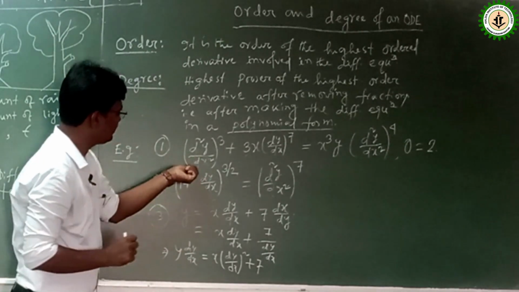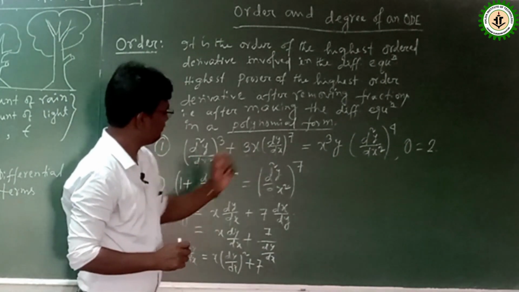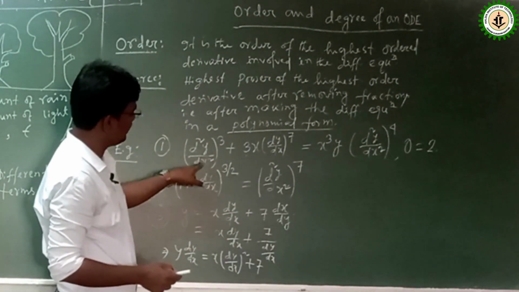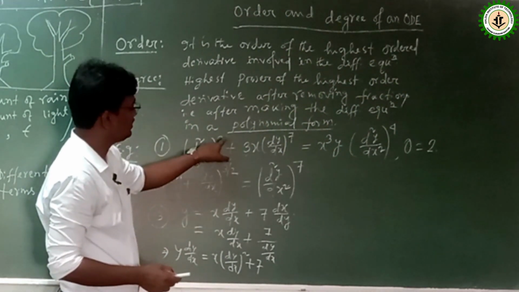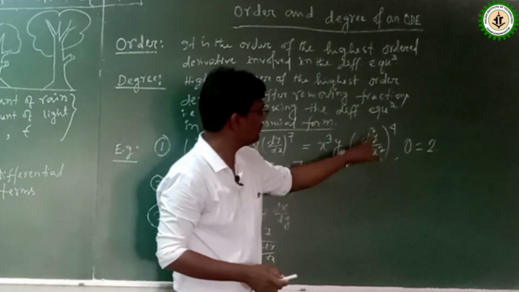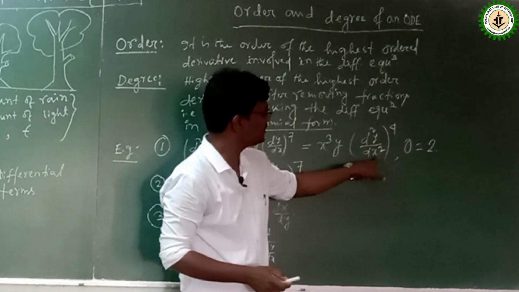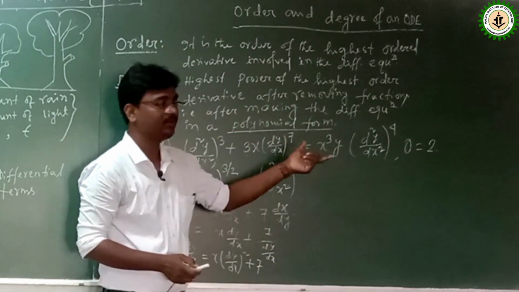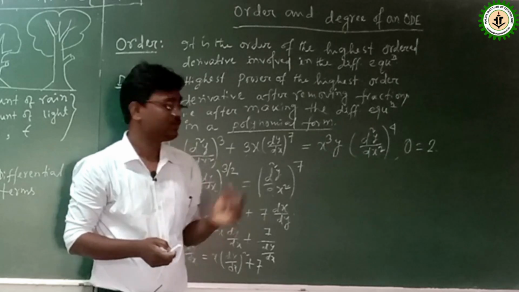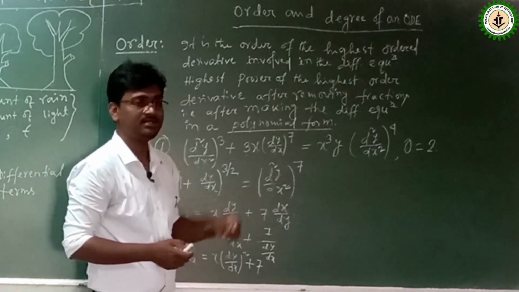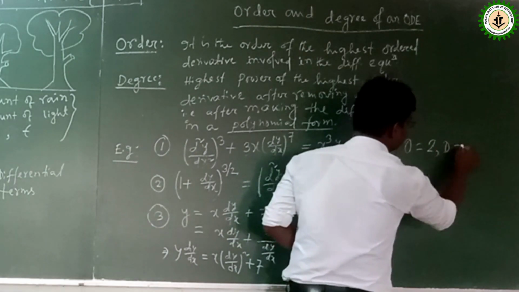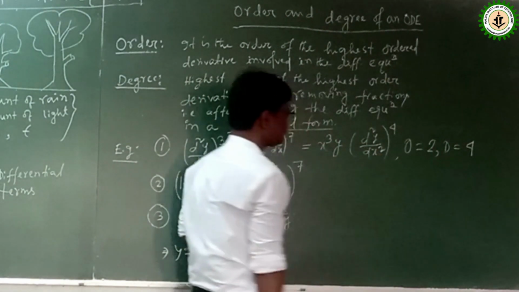For example, look at this example. Here the highest order differential term is d2y/dx square, its power is 3, and here the highest order differential term is d2y/dx square, its power is 4. Among 3 and 4 the maximum power is 4, so the degree of this differential equation is 4.